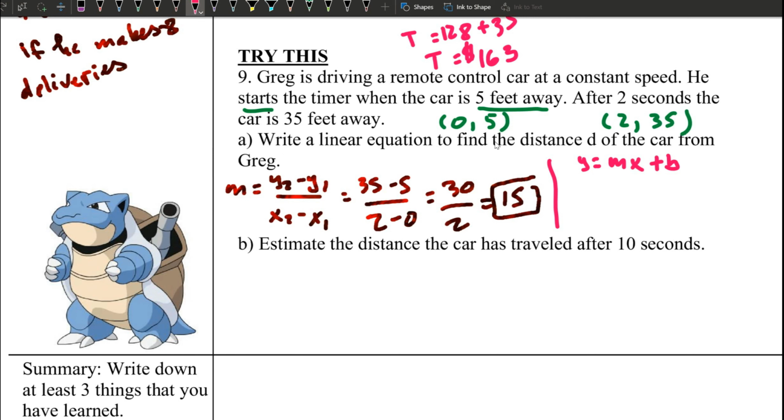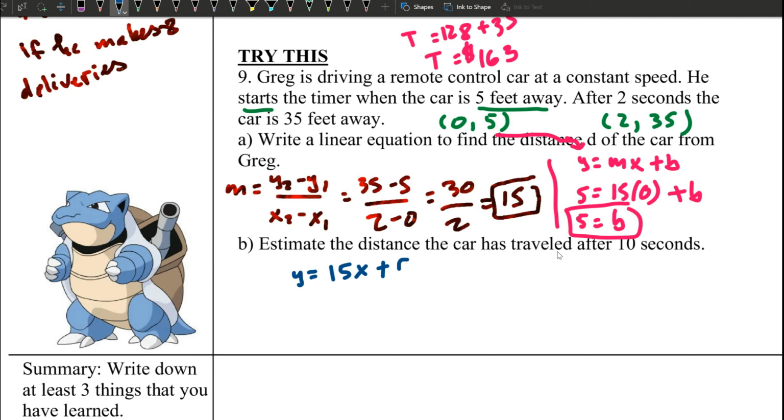So y, I'm going to use the smaller number. Y is 5 equal to 15 times x is 0 plus b. Ooh, straightforward. So 5 equal to b. What makes sense is y-intercept is b with 0, 5. So the equation is y equal to 15x plus 5. 15 is slope, b is 5.